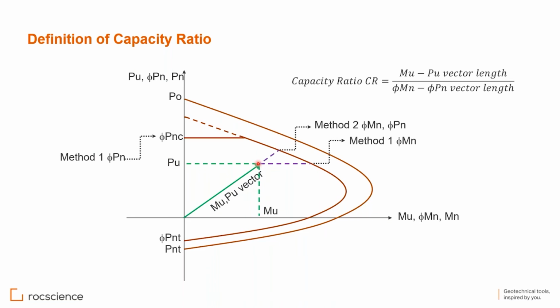There is another way of getting the capacity ratio, depending on the diagonal direction of the moment axial load vector, but this one is not applied in RSPile for the time being.